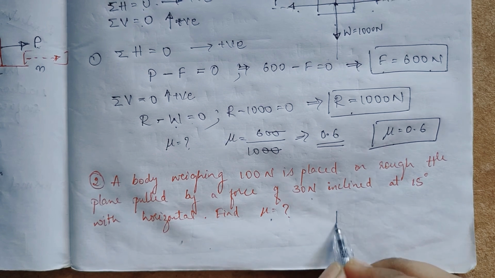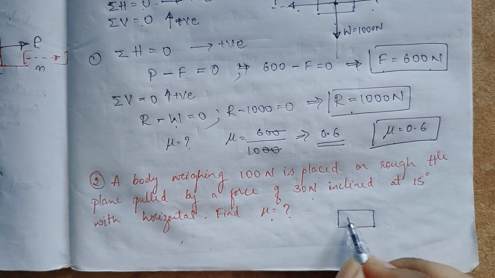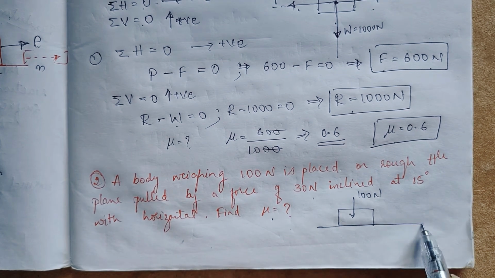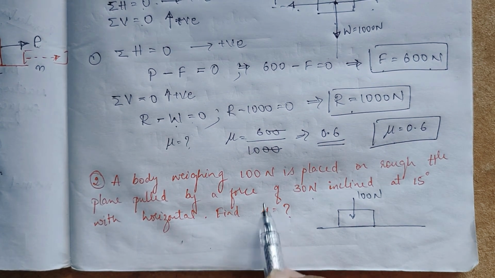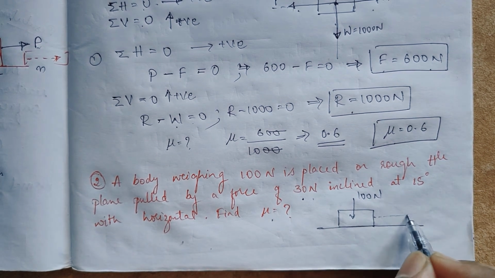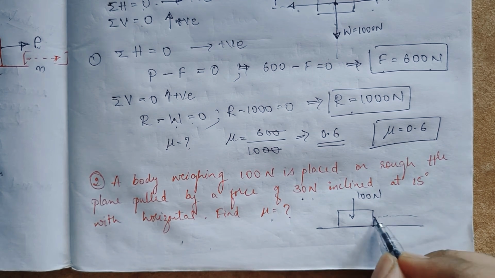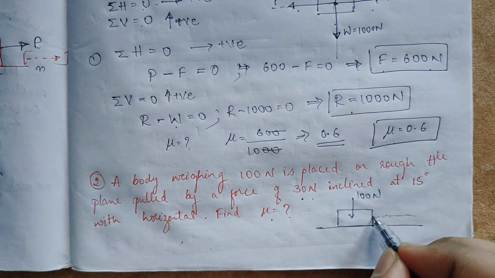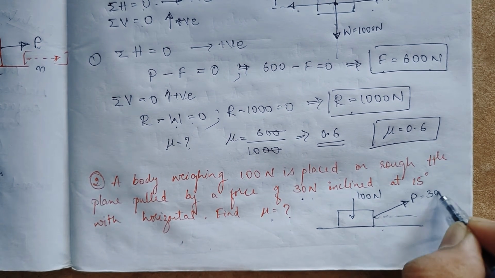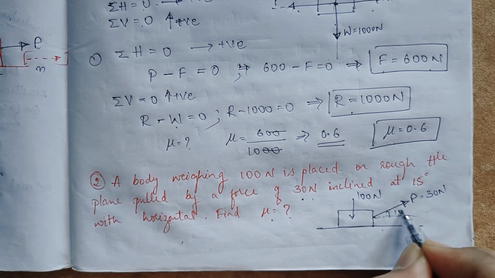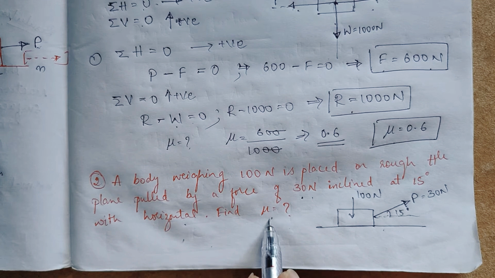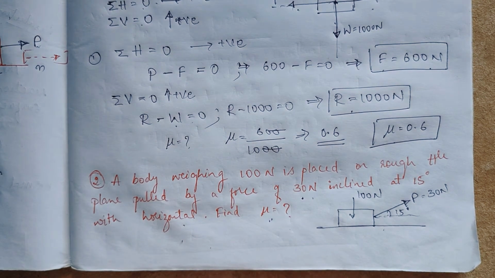A body weighing 100 Newton is placed on a rough horizontal plane, pulled with a force of 30 Newton, inclined at 15 degree. So I'll take one parallel force, okay. So this P force, P is 30 Newton and it is inclined at 15 degree with horizontal. Find mu.